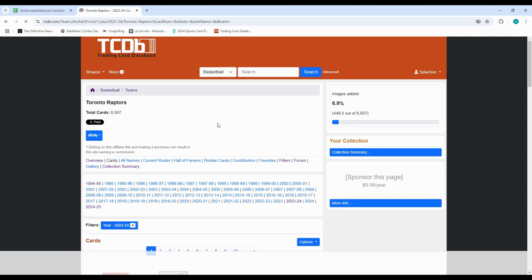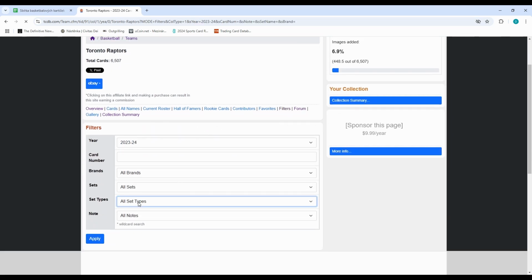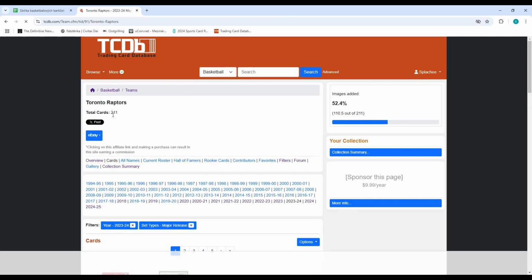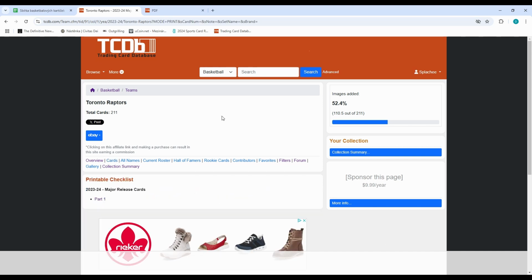From last year there are 6,500 cards, and I can filter just the major releases. That means the number of cards is reduced to 211. That's much better. Right now I found out that today another 4 cards were added, so it's still growing.